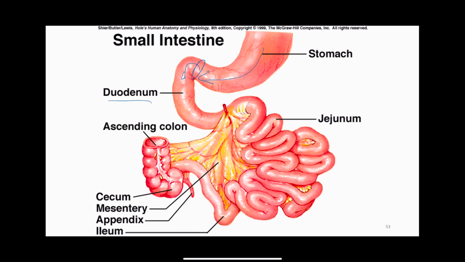But something to think about is that the food stuff that comes out of the stomach into the duodenum still has acid mixed within it. So it has a very low pH or high acid concentration, and that could be detrimental because what we're going to find is that many of the components that help break down food are enzymes. And as you remember, enzymes are generally proteins, functional proteins.